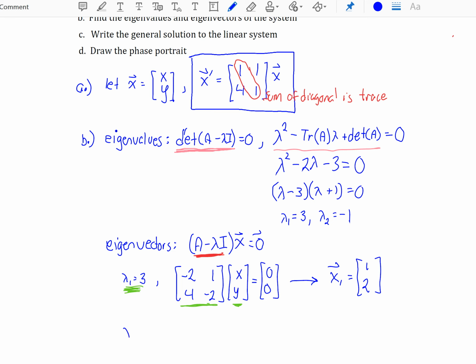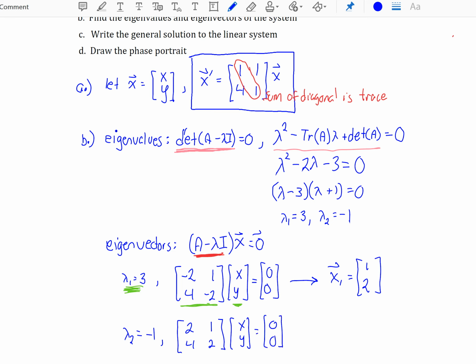Similarly, for our second eigenvalue, -1. Now recall, we're subtracting -1 off the main diagonal, but since we're subtracting a negative number, we do end up adding in this case to get 2, 1, 4, 2, times some vector x, y equals the 0 vector.